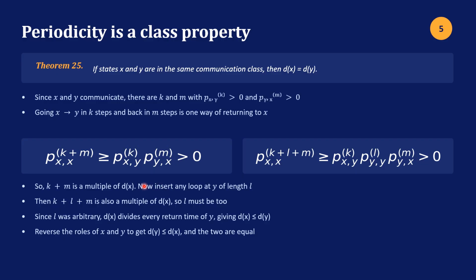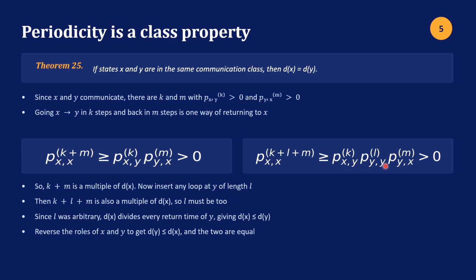So we insert a loop, y back to y, I should say, of length L. So any loop that gets us back to y, starting from y, pick this arbitrarily as long as it goes from y to y. We insert that in here.